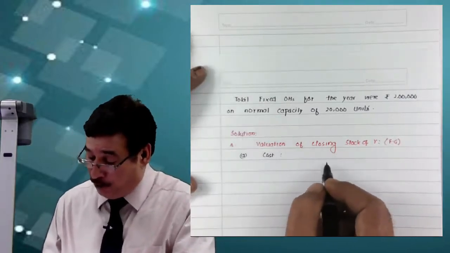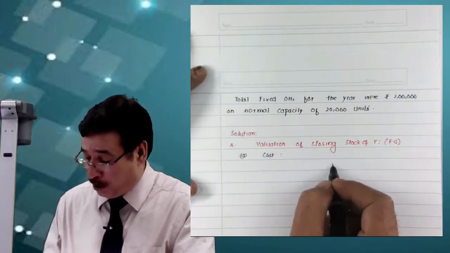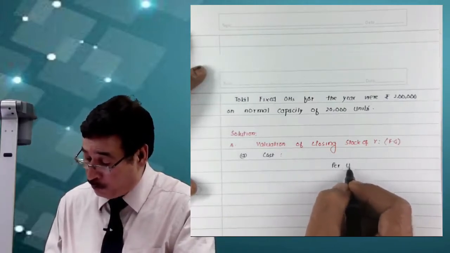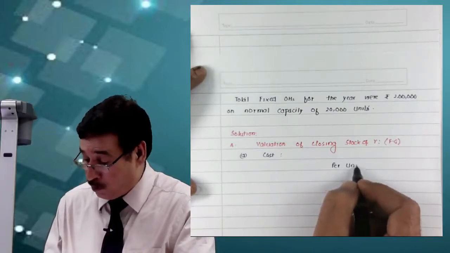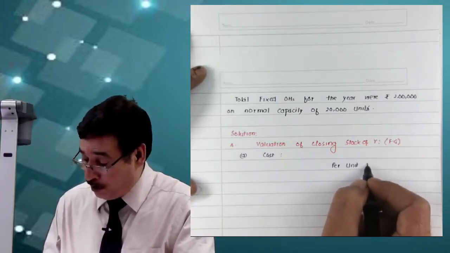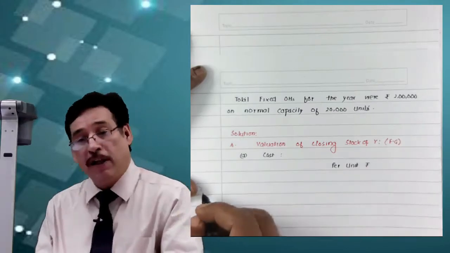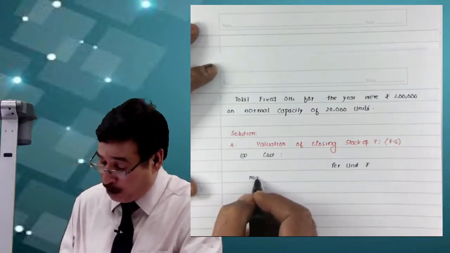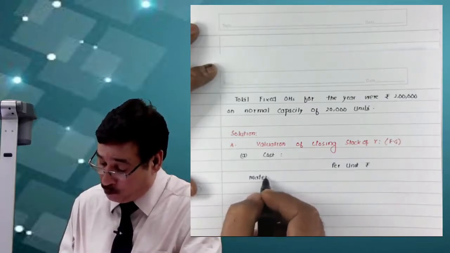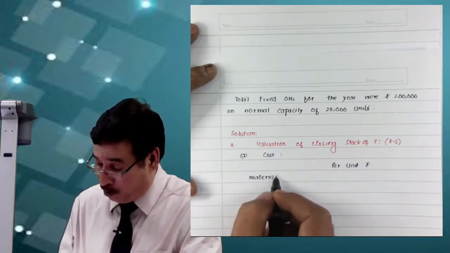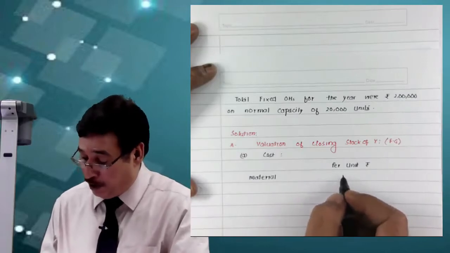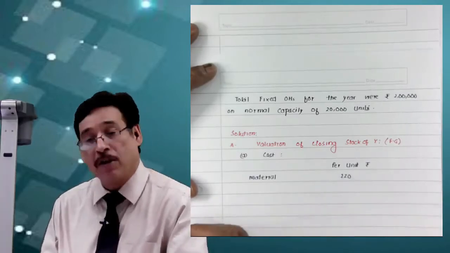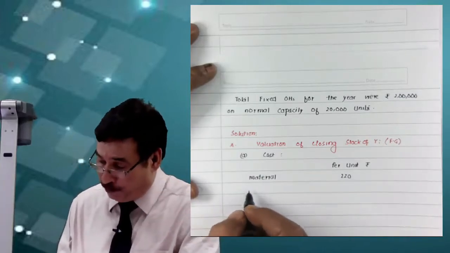Remember one thing, we have been given per unit cost, that is in rupees. We have been given material cost, material consumed. So material cost, we have been given 220, I think so, right, 220 per unit, of course.